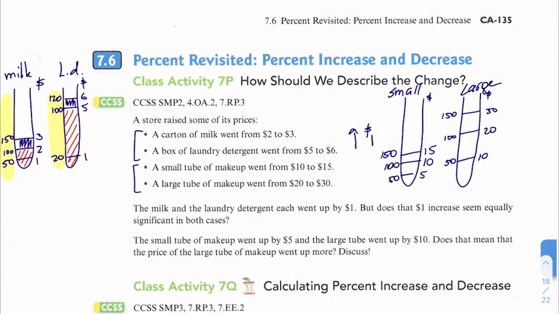In terms of absolute change, they went up by different amounts, $5 for the small and $10 for the large. But in terms of percent change, they both increased by half their price, or they're both at 150% of their original price. So having listened to this discussion, I'd like you to answer these questions.